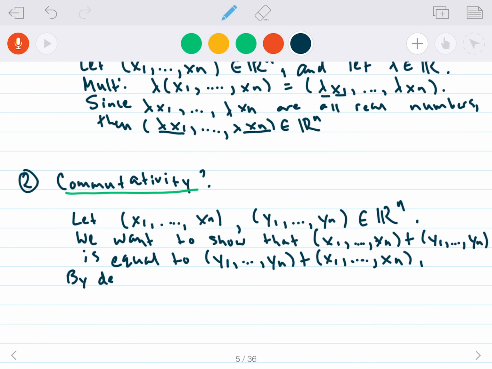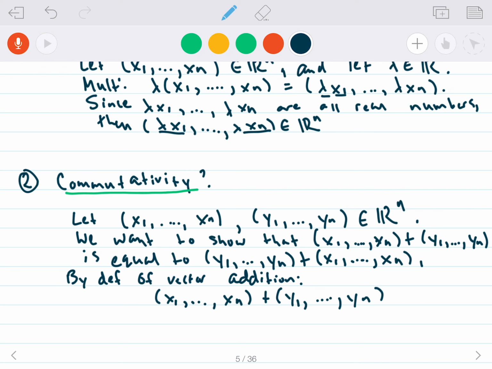By definition of vector addition, we have the following. We have x1 dot dot dot xn plus y1 dot dot dot yn is equal to, well, we just add the components, right? So x1 plus y1 dot dot dot xn plus yn. Okay?